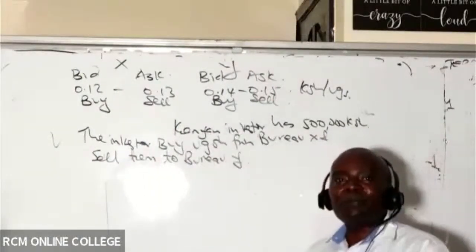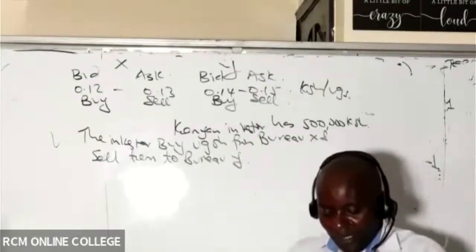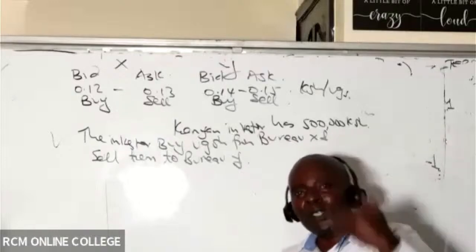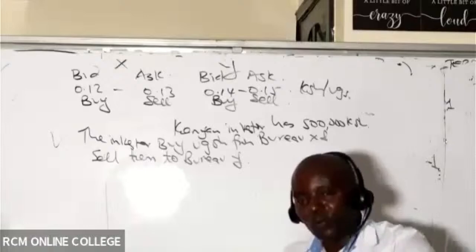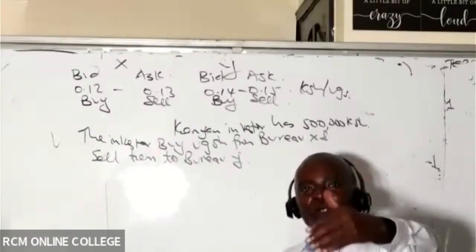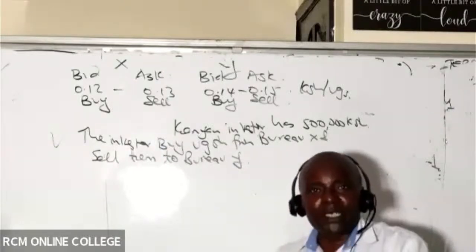The student told me, teacher, now I have gone to Equity Bank with 500,000 and I want dollars. So they will give me dollars, and I will give them Kenya shillings 500,000. So teacher, isn't it that I've sold the money, the 500,000? Yes, I've bought the dollars. That one is not in dispute, teacher.